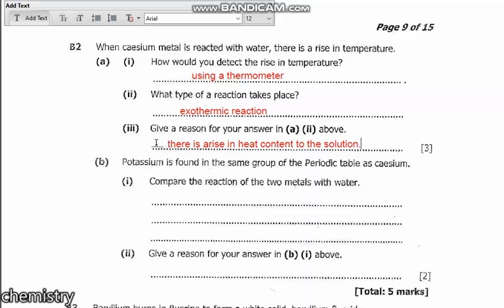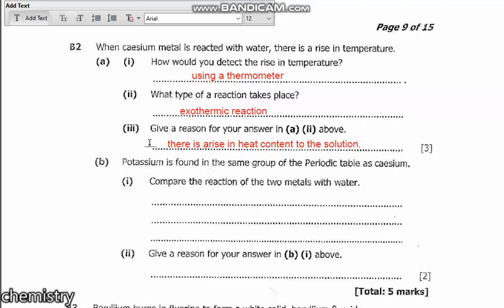Potassium is found in the same group of the periodic table as calcium. Compare the reaction of the two metals with water. Now remember, calcium and potassium, they are found in the same group, but calcium is found down before potassium. That means according to periodic trend, as you go down the group, the metals become more reactive. That means calcium is more reactive than potassium.